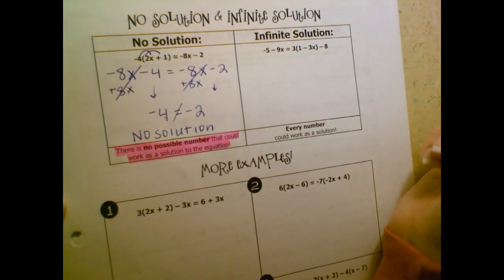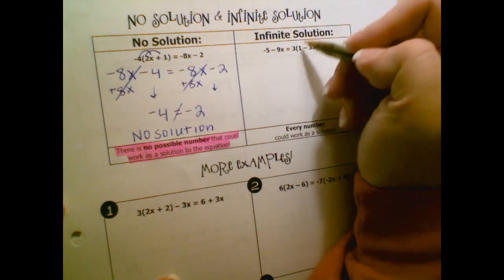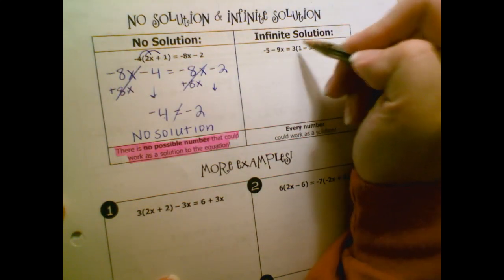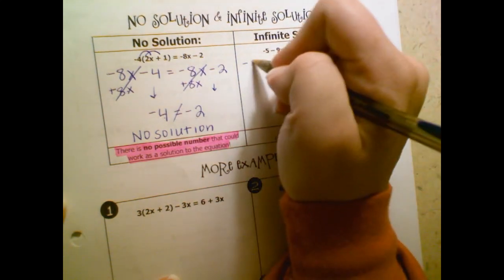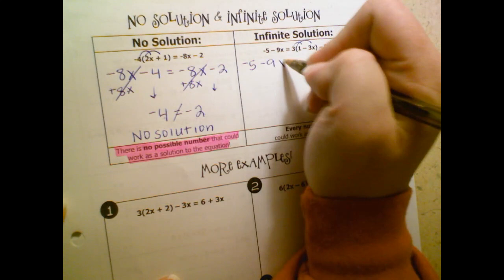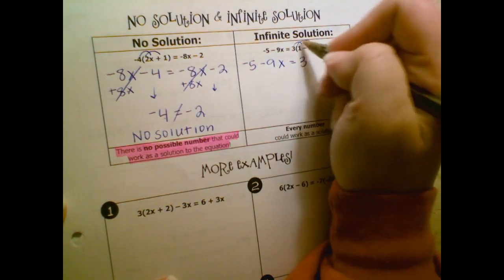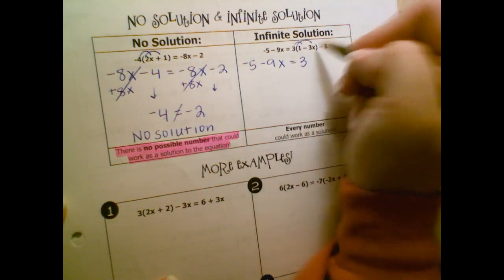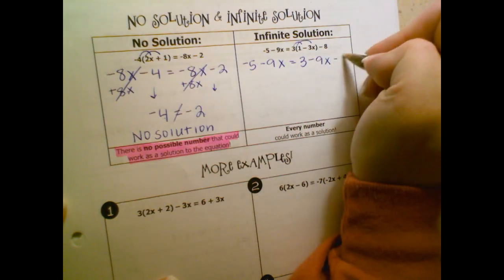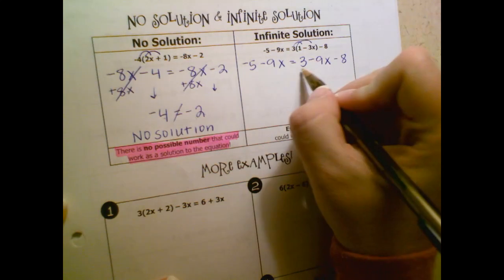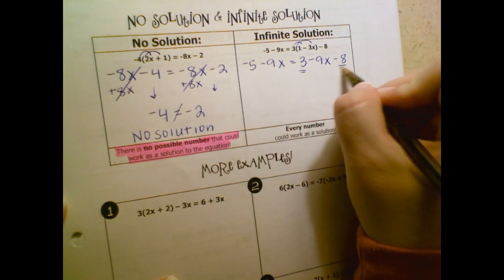Looking at the infinite solution box, I cannot combine like terms, so I need to distribute. I'm just going to rewrite the left-hand side. And then when I distribute, 3 times 1 gives me 3. 3 times negative 3 gives me negative 9. I'm going to go ahead and combine like terms on the left.